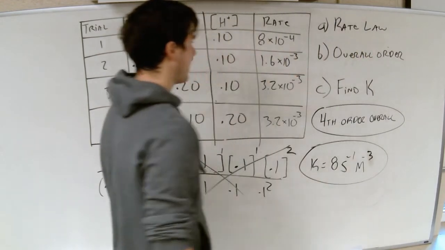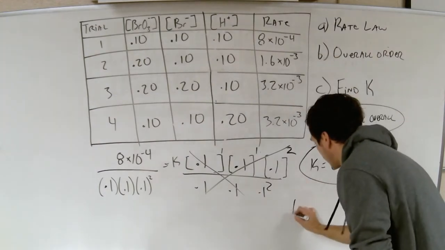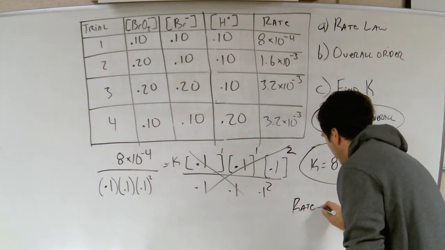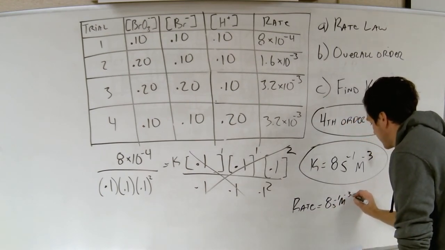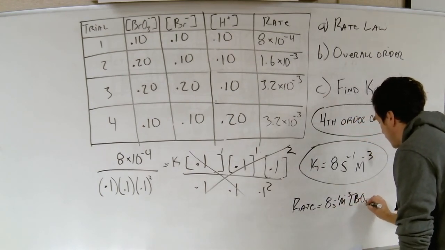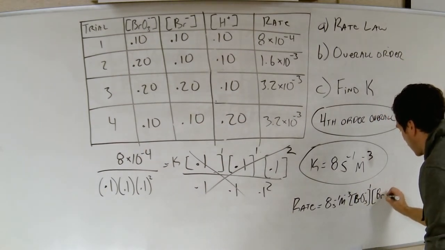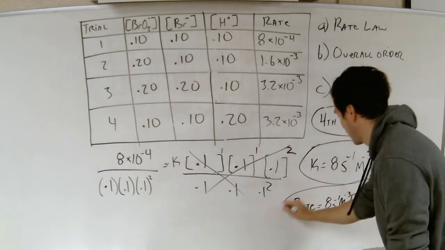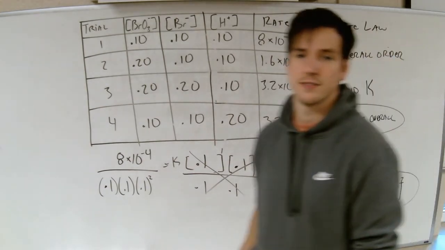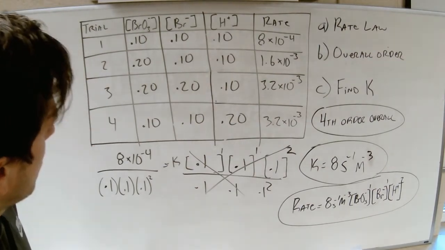So we have found overall order. We have found K. And for rate law, I am just going to put rate equals 8, s to the minus 1, M to the minus 3. Bromate, that is first order. Bromine, that is first order. And hydrogen, which we figure to be second order. Okay? So that is differential rate law.